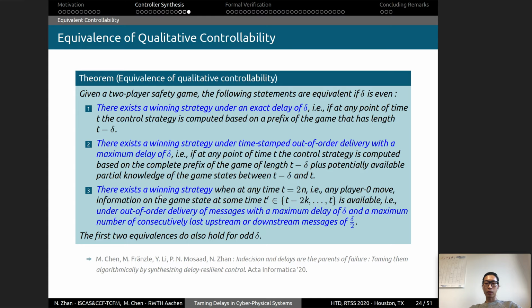And furthermore, there also exists a winning strategy even if messages get lost, but the number of consecutive lost messages is no larger than half delta. Well, for more details, you can find them in our journal paper listed down here.